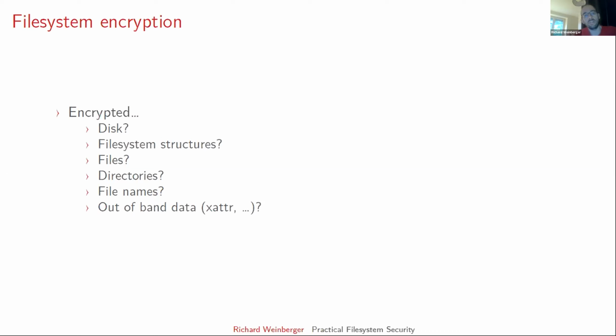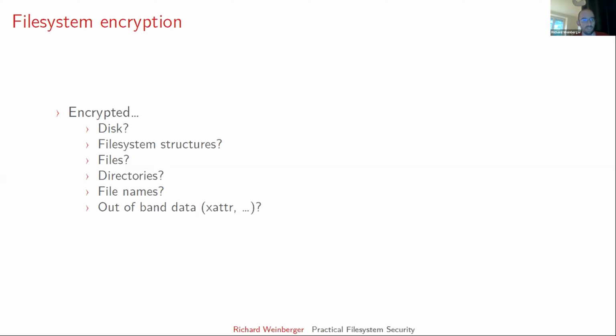So let's talk also about file system encryption itself. When you talk with some people about file system encryption, everyone means something different. For some, file system encryption means encrypting the whole disk at disk level. For others, it means it's on file system level, but also the file system structures. Some think no, it's just a set of selected files.